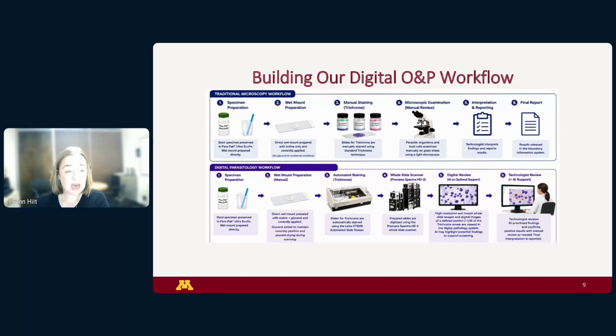If it is a positive, or if there's some questionable material, we will take the actual slide that was scanned and still do the manual review process to confirm that what the AI program is calling is actually a positive. So again, still using their expertise in that manual review to just confirm.